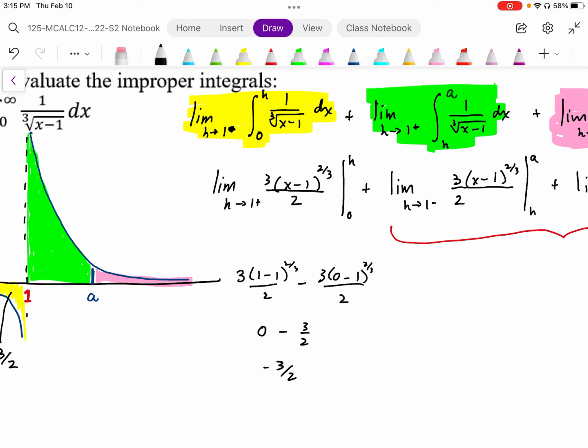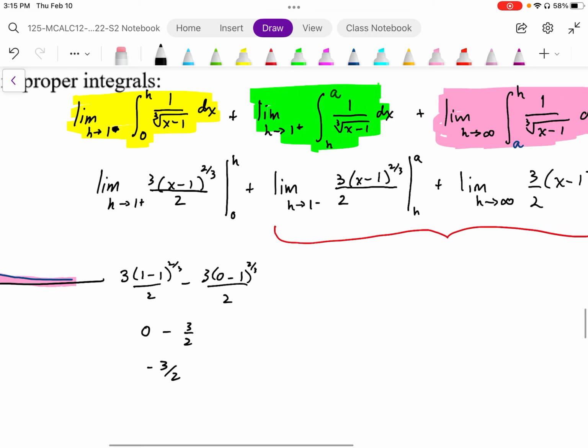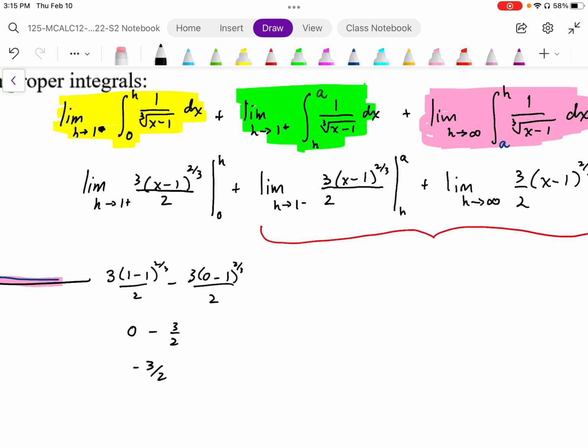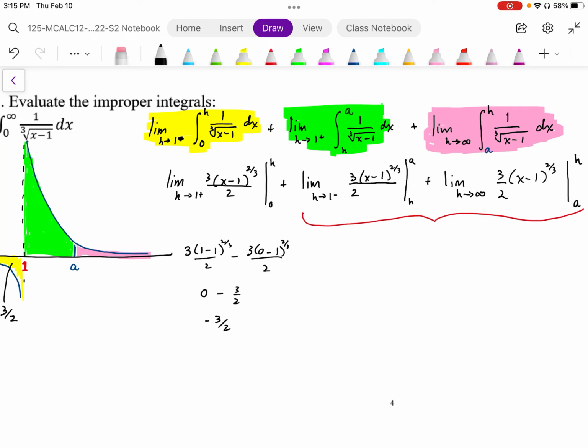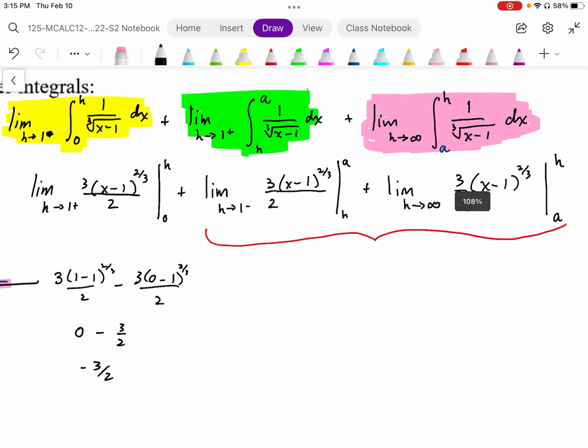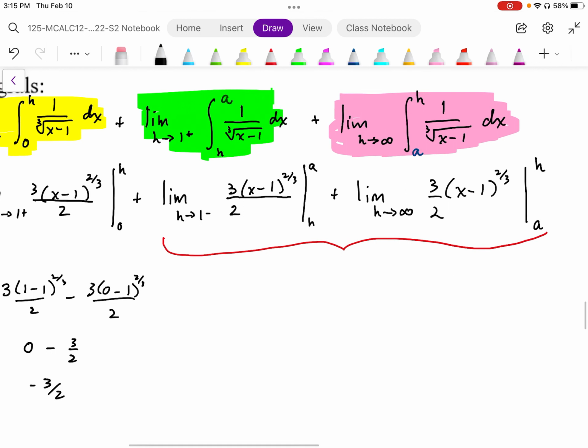Integrating from basically A to infinity, that pink area is actually infinite because the degree on this is less than 1. That indicates that it does not converge fast enough. So this would be infinite. We could just plug it in here, and we can actually show that this pink limit is actually just infinite.